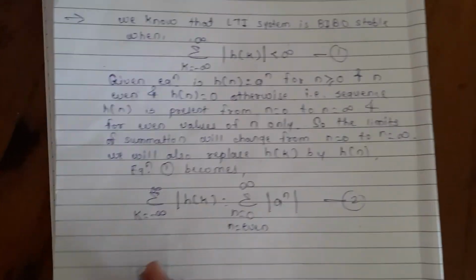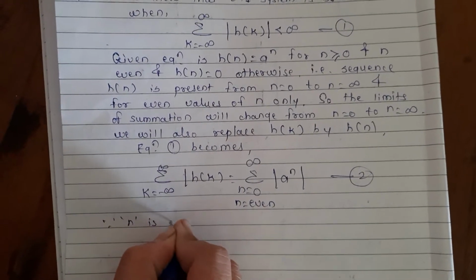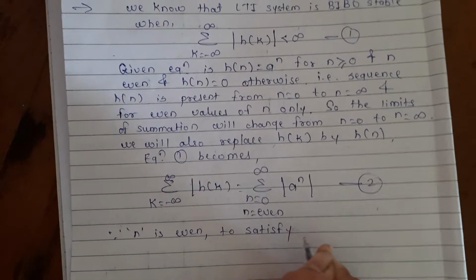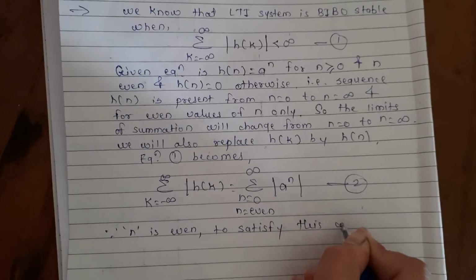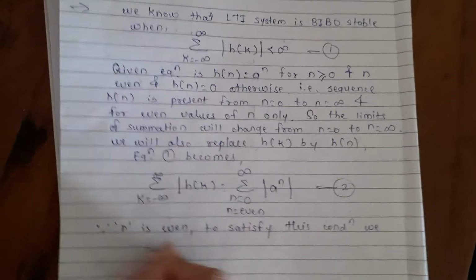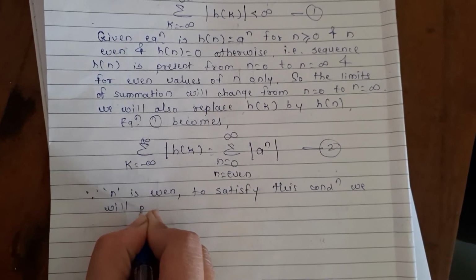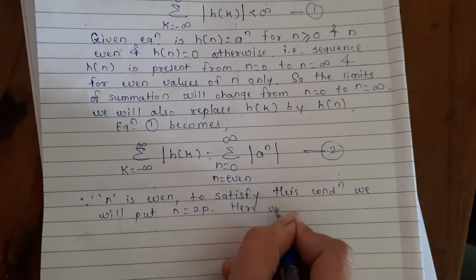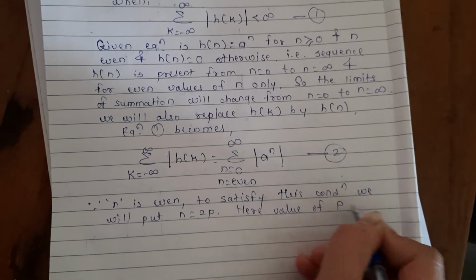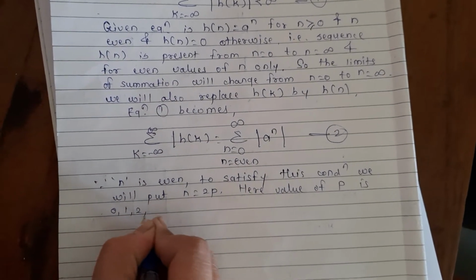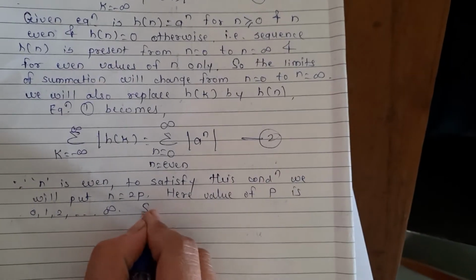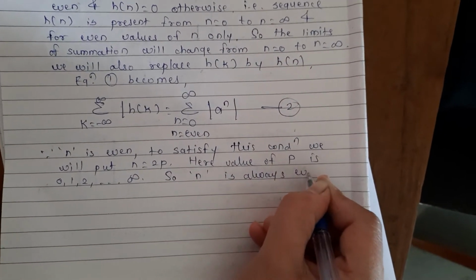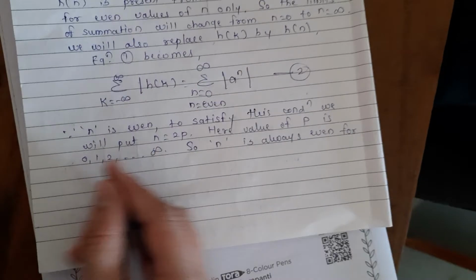This is equation 2. Since n is even, to satisfy this condition we will put n is equal to 2p. Now here the value of p is 0, 1, 2, dot dot infinity. So n is always even for any value of p.